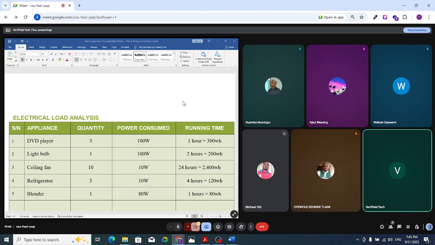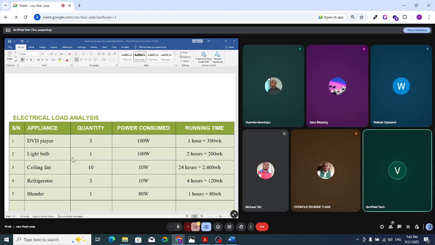Thank you. So, having gotten these various appliances to be powered up using the solar system, what do we need to do? We need to run a load analysis on it in order for us to achieve what? The energy requirement or the energy need of this facility.